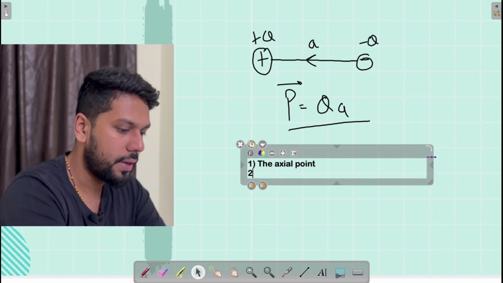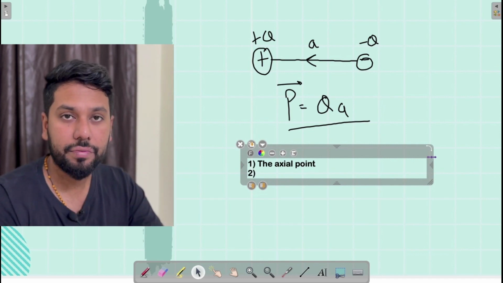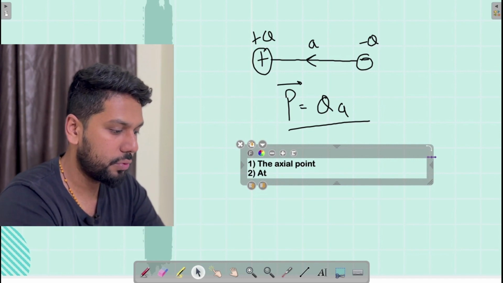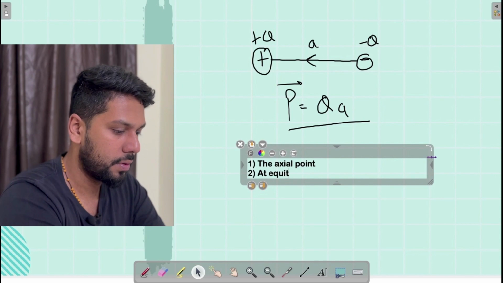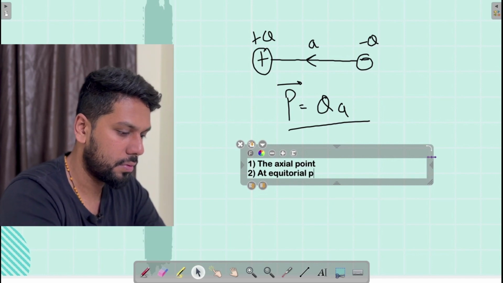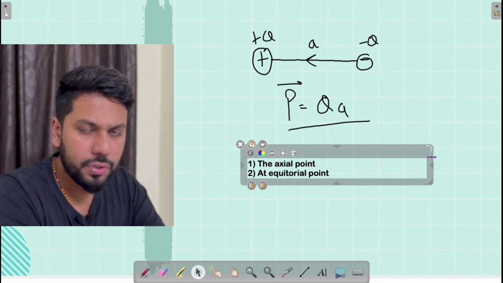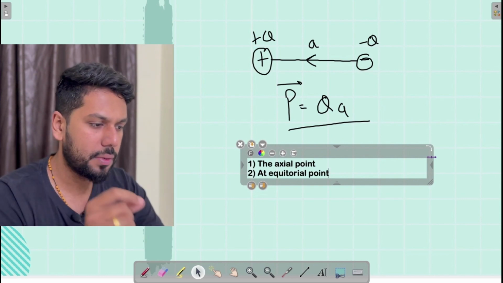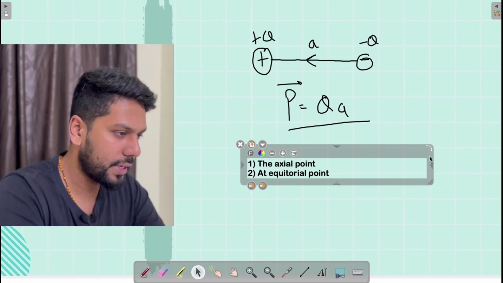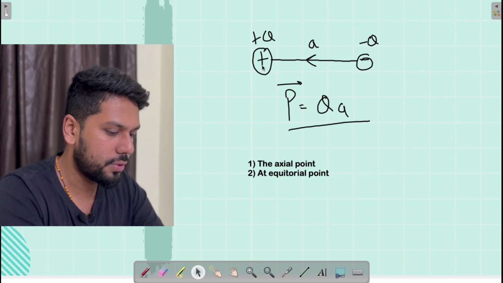And second, I'm going to find the electric field of a dipole at the equatorial point. I'll quickly tell you what this axial point and equatorial point are. So first let's go to the next slide and put this into application.